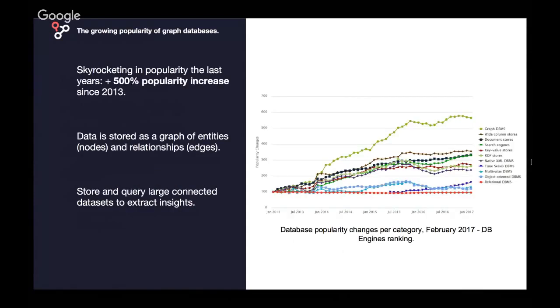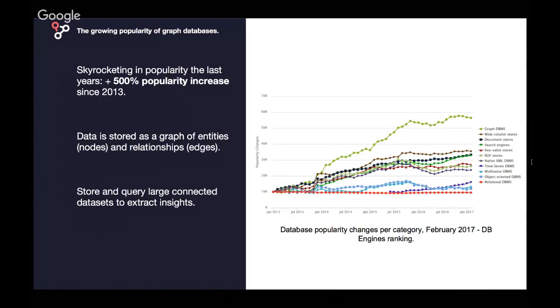So in the last years, we have seen a growing trend in the world of databases. It's the increasing popularity of graph databases, with a popularity that has increased by more than 500% since 2013. It's the fastest growing database category in the market, with companies like Neo4j leading that trend.